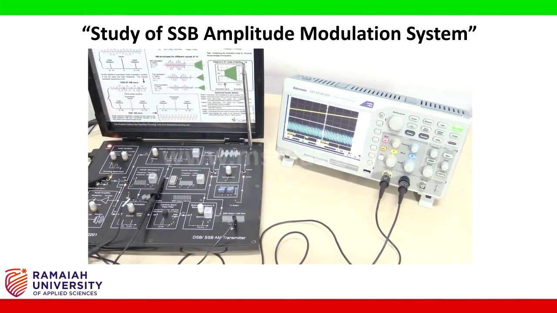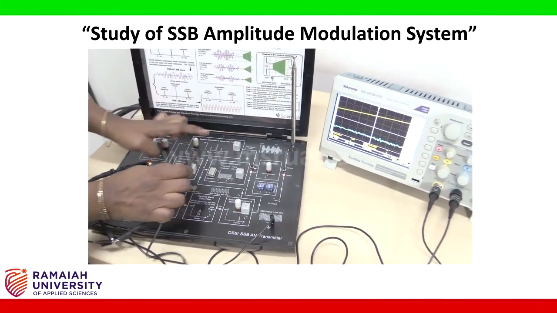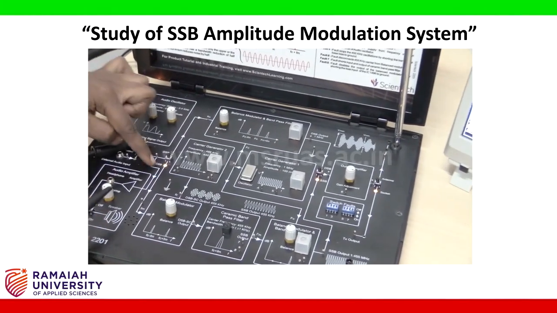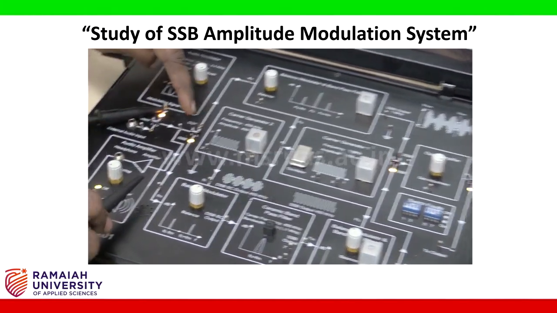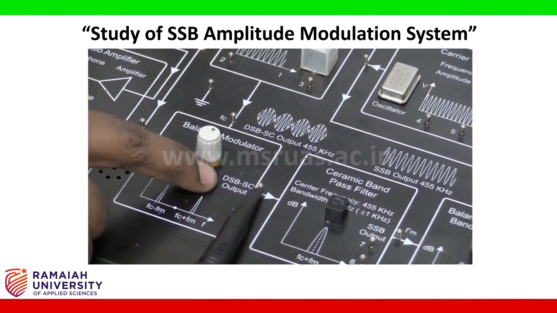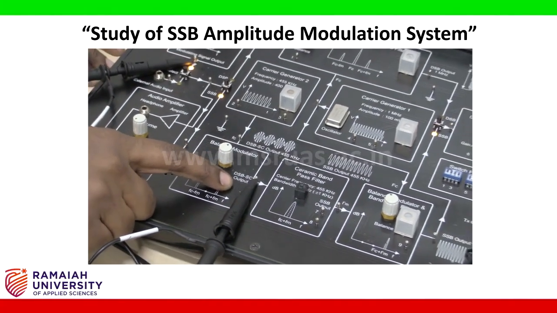in the same CRO. So now we will remove this and connect this to the SSB track. So first the message goes here, so I will put this here. Now this belongs to DSB-SC output, double sideband suppressed carrier output.